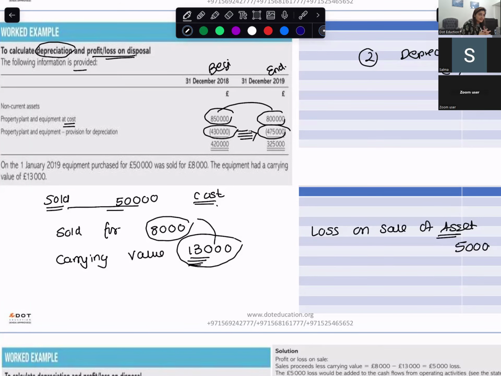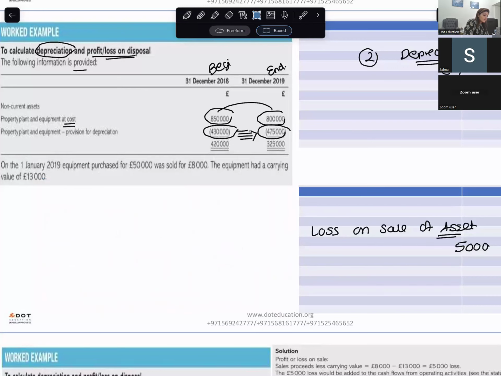Now your other task is to calculate your depreciation of the current year. I will give you two methods to calculate depreciation of the current year. First method is closing depreciation provision, add depreciation on disposal of asset.